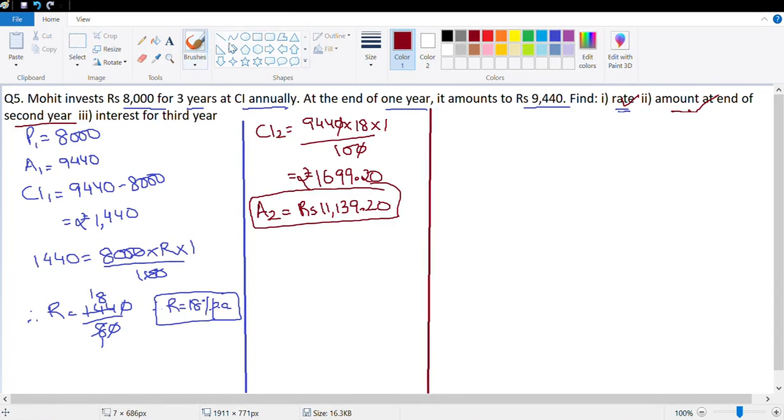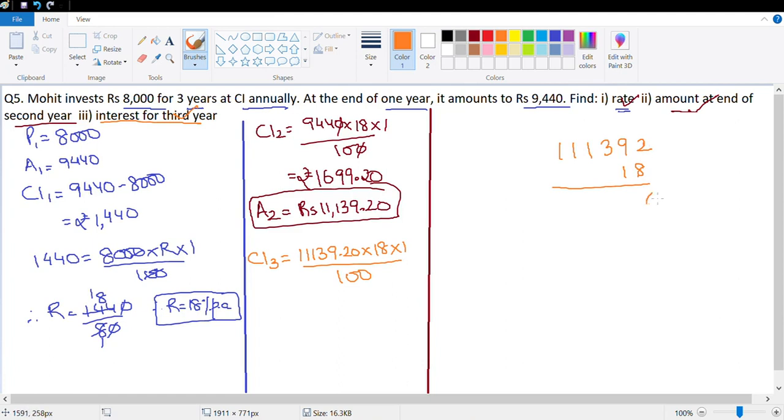Part 3 of the question says interest for third year. So compound interest for third year would be equal to principal, in this case 11,139.20, into rate into 1 upon 100. Now again a big multiplication. 11139.2 multiplied with 18.